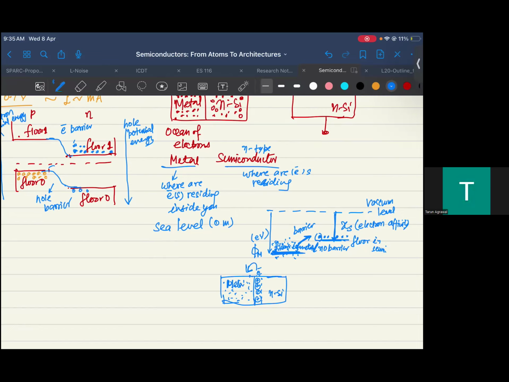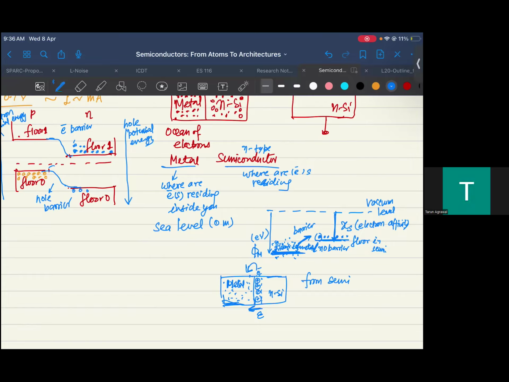Now, there is nothing here, so this is going to put an electric field in this direction. What is it going to do? It is going to stop these electrons from going this way to that way.